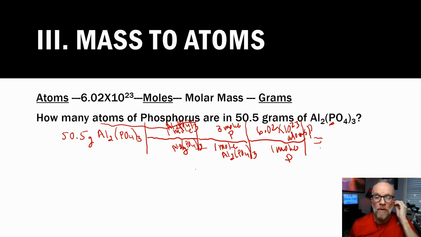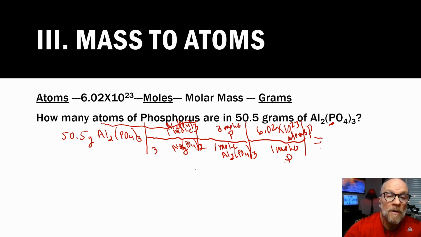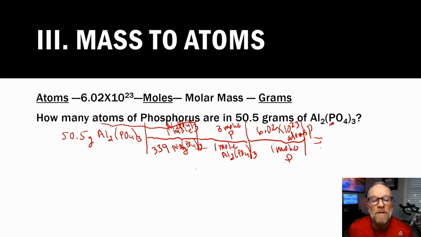All right. So now all we need to do is write down or calculate the molar mass of aluminum phosphate. I think from previous slides, we knew that that was 339 grams. Okay, so now we multiply across the top and divide by the bottom.